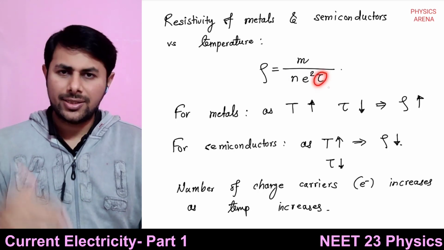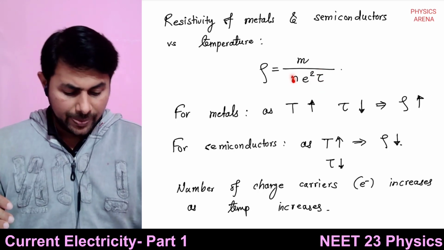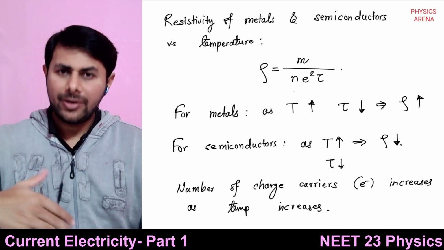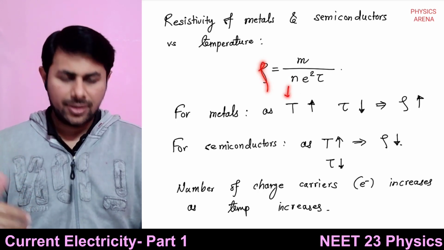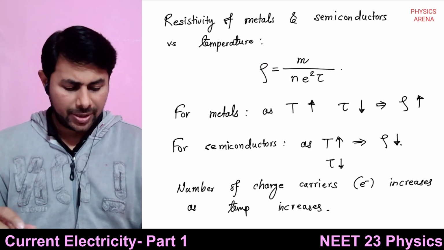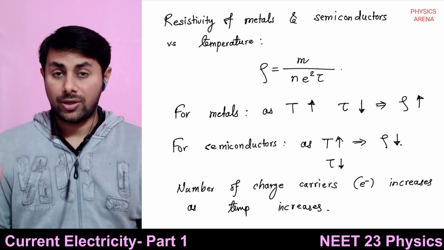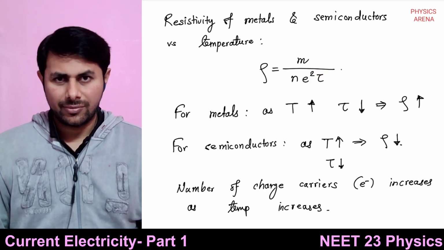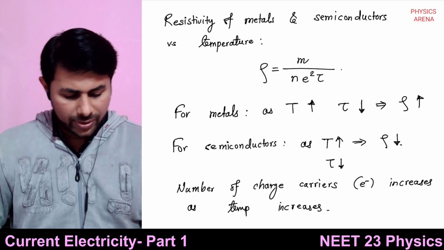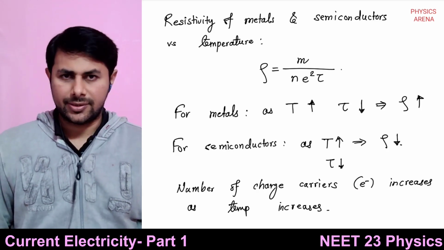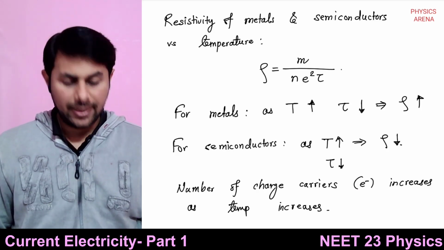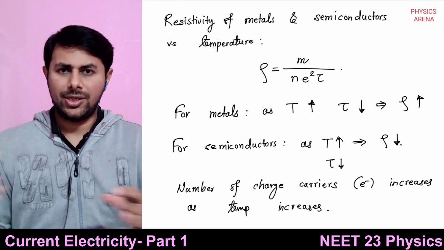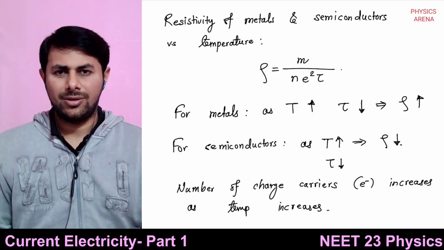If tau decreases, rho will increase. If n increases, rho will decrease, but n increases faster compared to the decrease in tau, and therefore rho decreases, right?